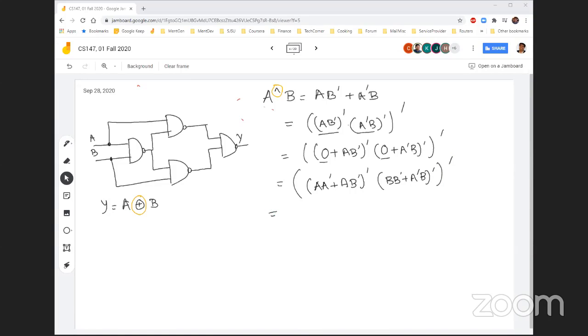From there, what we can do is make it like this: A bar, B bar whole bar, and then B bar or A bar whole bar whole bar.